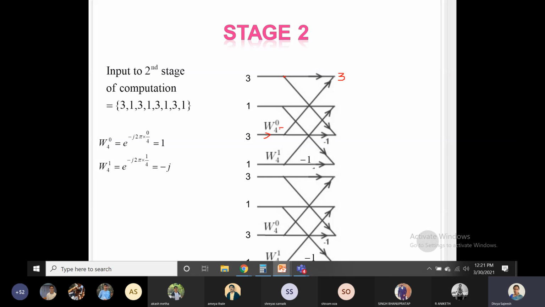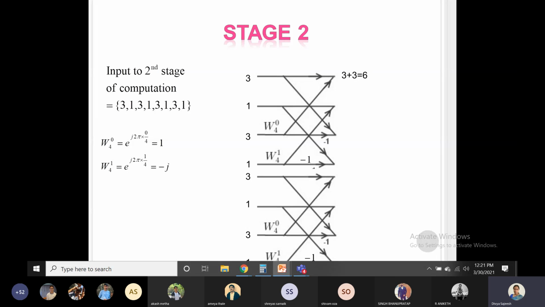That is 1 itself. So 3 into 1 into 1, so 3 plus 3 will come here. 3 plus 3 will be equal to 6.